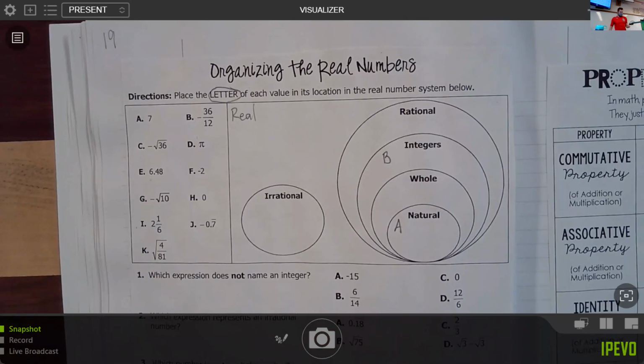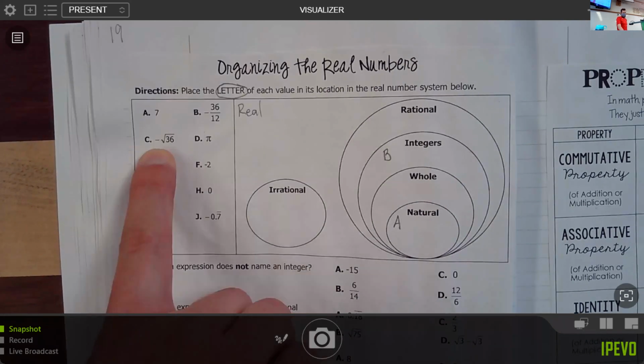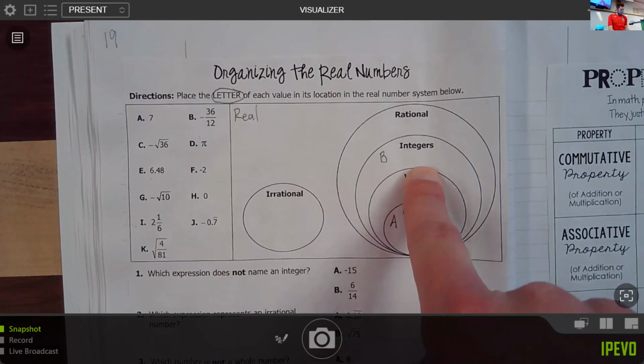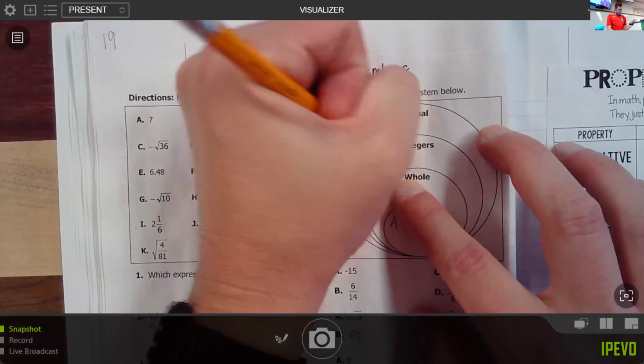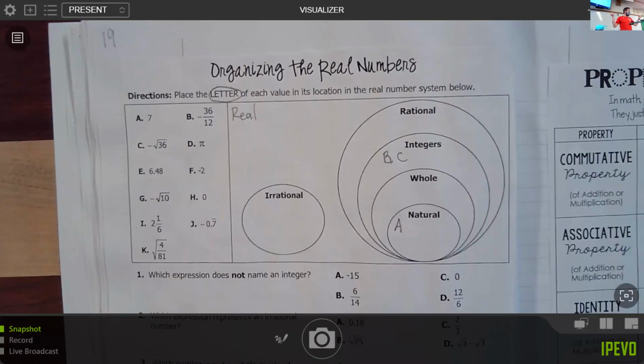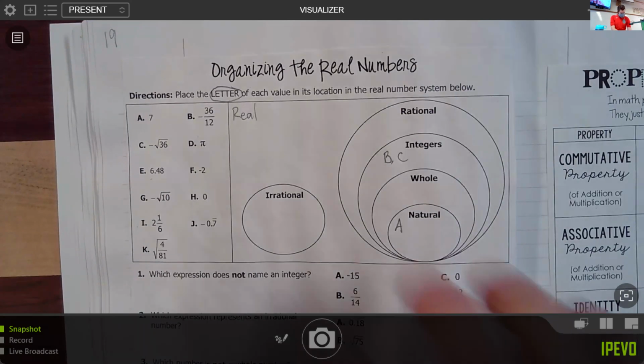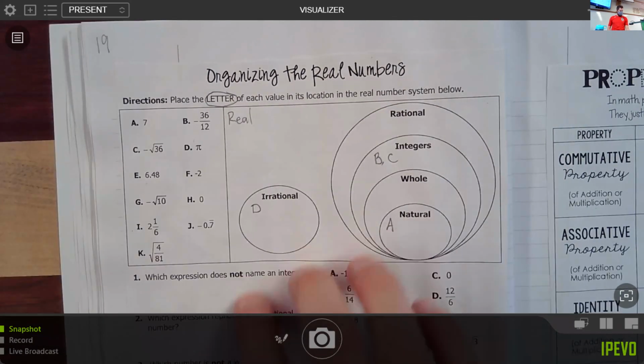How about C? What number multiplies by itself to equal 36? Is it a whole number? Yeah, what is it? 6. And because it's a negative 6, it's not a natural number. It is an integer. So B and C go in integers. D, we know this one. What is it? Irrational. So letter D goes in irrational. E, 6.48.